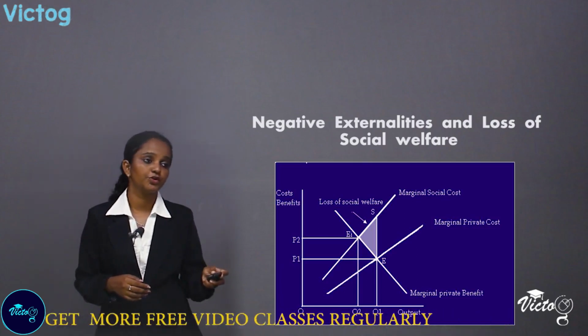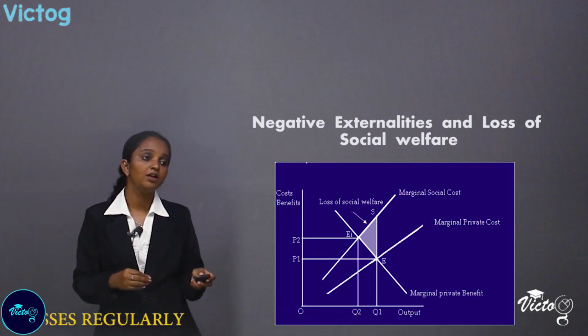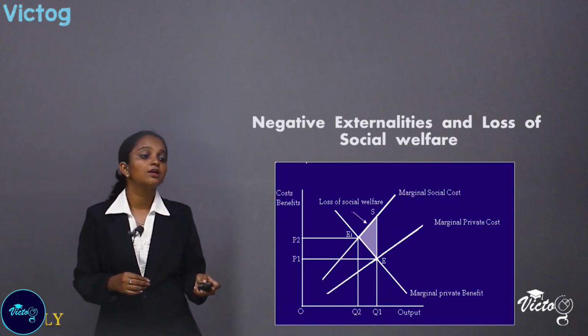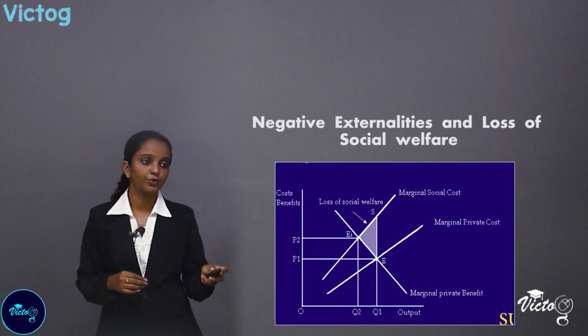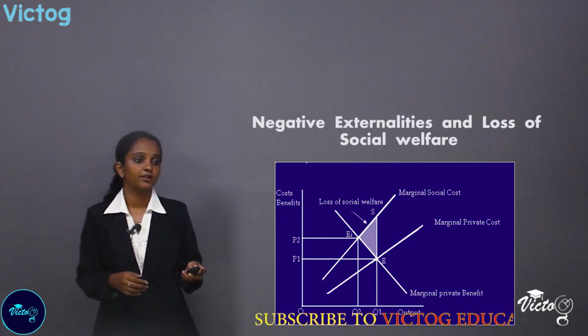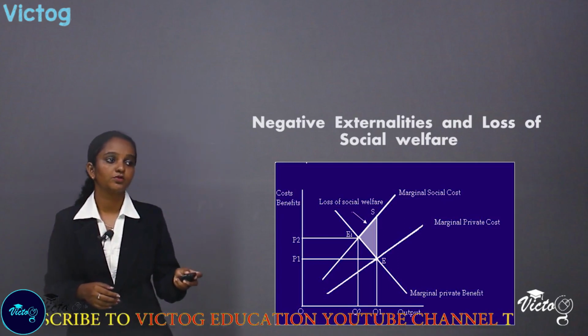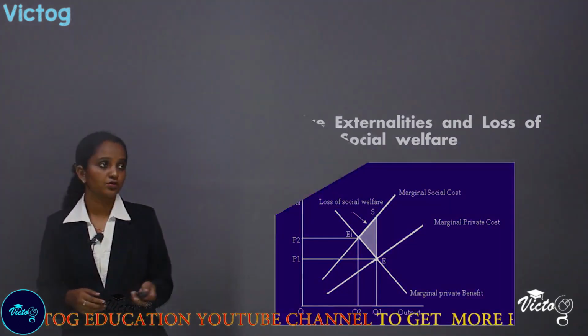In order to produce at the equilibrium or most efficient level, they have to reduce the quantity to the Q2 level, and they have to produce at the Q2E1 level of marginal social cost. That is where marginal private benefit is equal to marginal social cost.